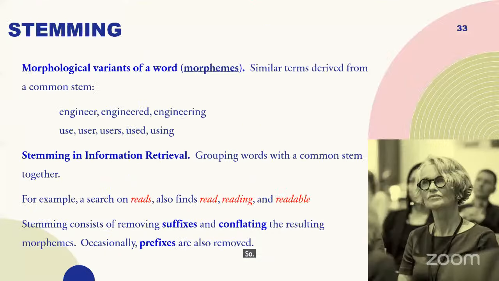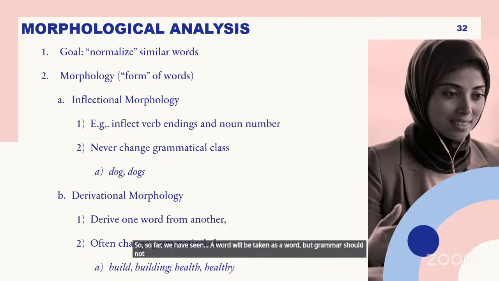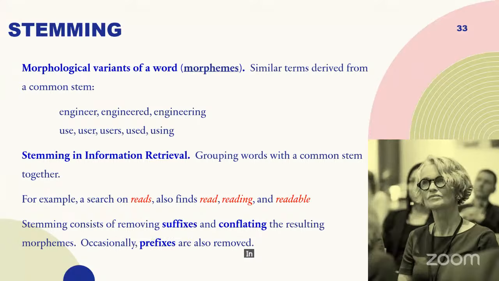So far we have seen a word will be taken as a word, but grammar should not change. That is called the morphological analysis. In stemming, these all are text processing. In stemming, we have a word wherein the suffixes will be removed. Occasionally, prefixes will be removed, and the word will be taken as a word.